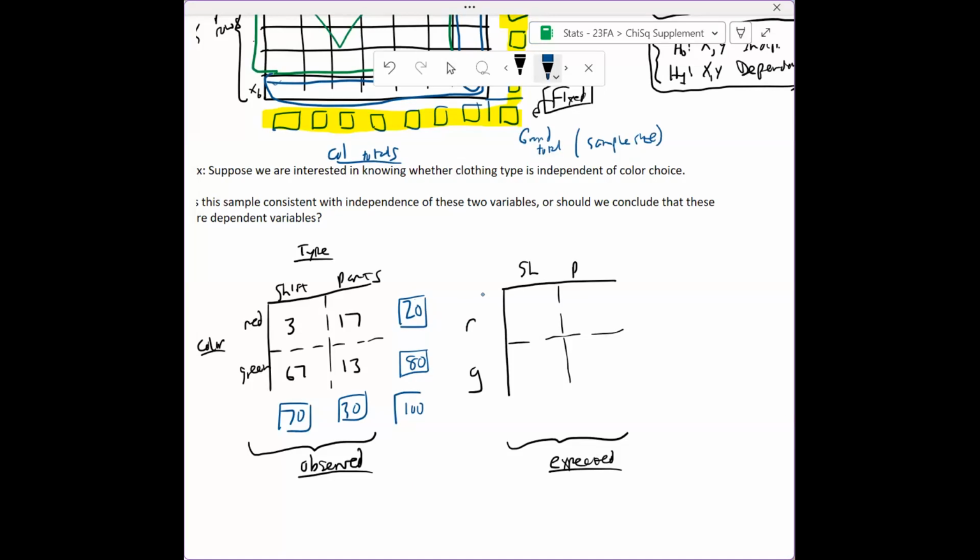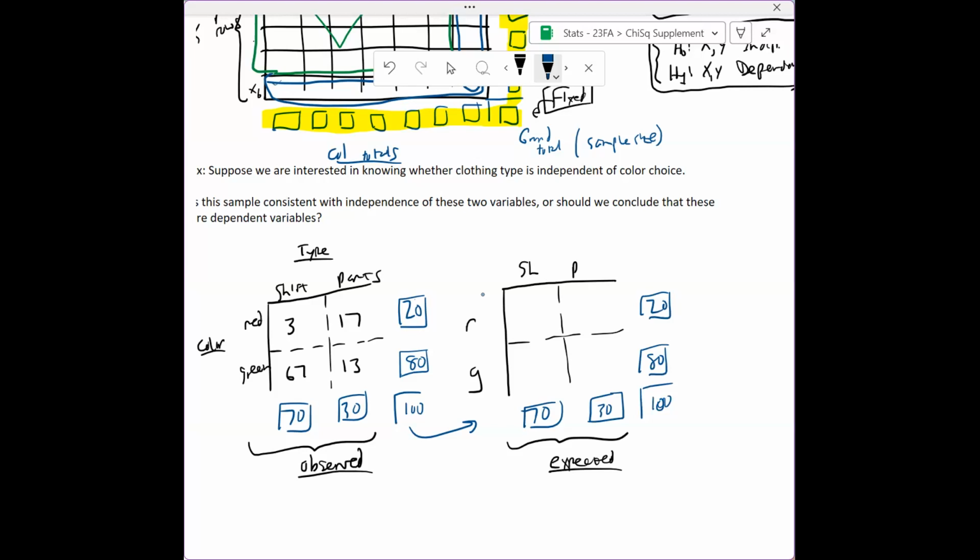So these are my column totals and my row totals. Now I'm going to copy these over. These are what I'm taking to be fixed.